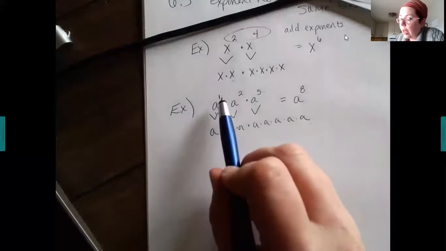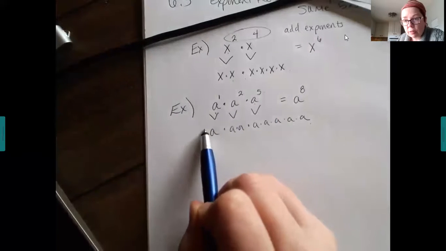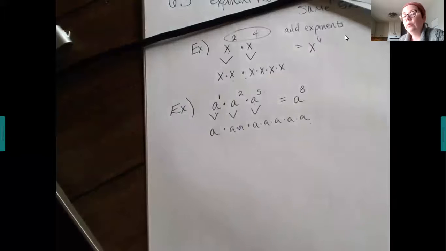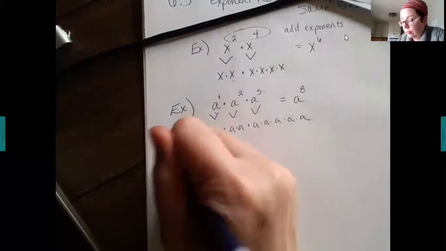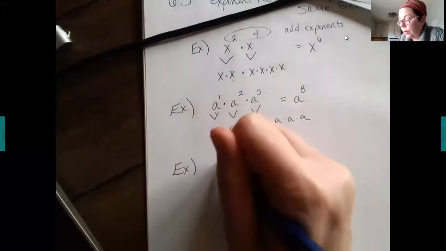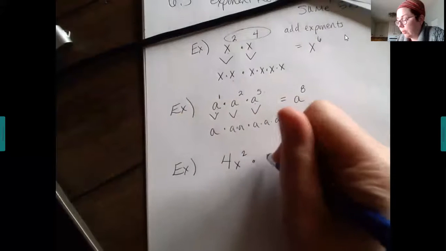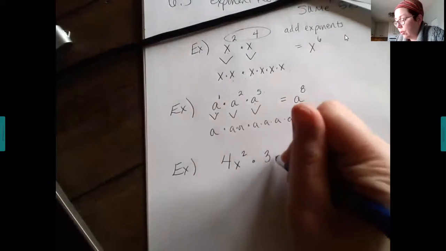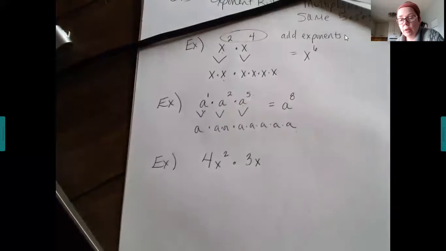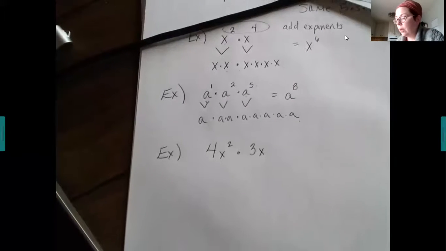So we add our exponents, but when we're multiplying, if we had numbers in front, we would still be multiplying. So if we had 4x squared times 3x, this is where sometimes we mix up our adding and multiplying.